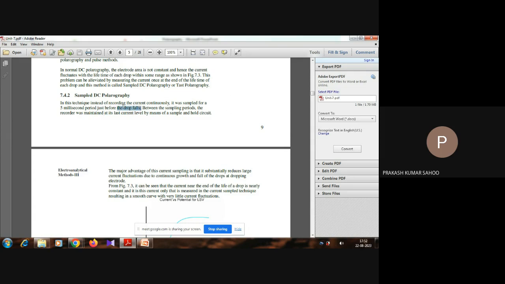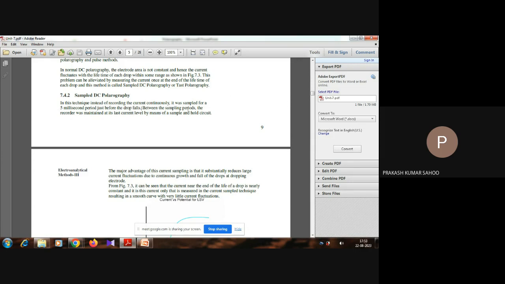So here always remember the mercury from the electrode will flow, and it will fall drop by drop, and depending upon the time period taken, we can determine the current as a function of potential. This will be the principle.